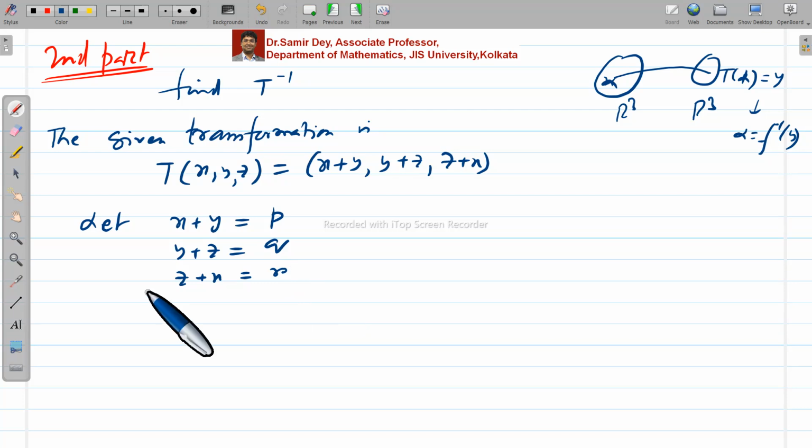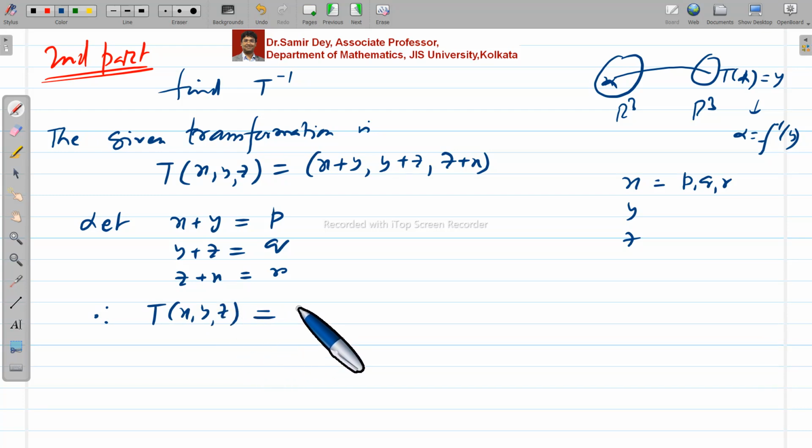So what is our target? Our target is to find x, y, and z in terms of p, q, r. Is it clear? So now our objective is to find x, y, z in terms of p, q, r. So when you consider x, y, z, therefore you may write T of (x, y, z) is equal to (p, q, r). Is it clear?